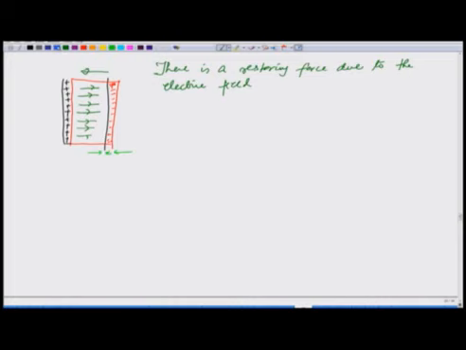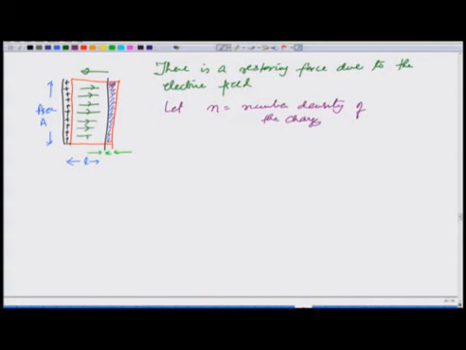So, let this distance be x. Let the width of the slab be L. Let this area out here be A. Now, let us see, if this charge has been displaced by x, how much is the surface charge out here? Let n be the number density of the charges.